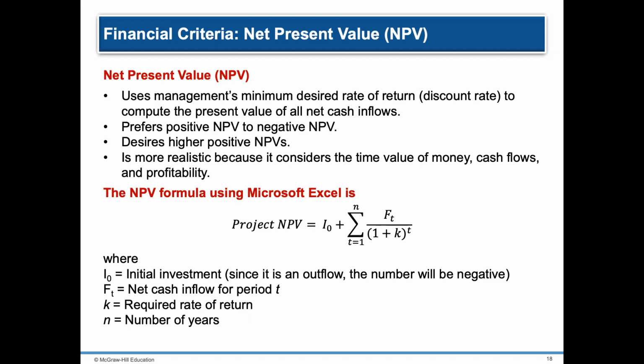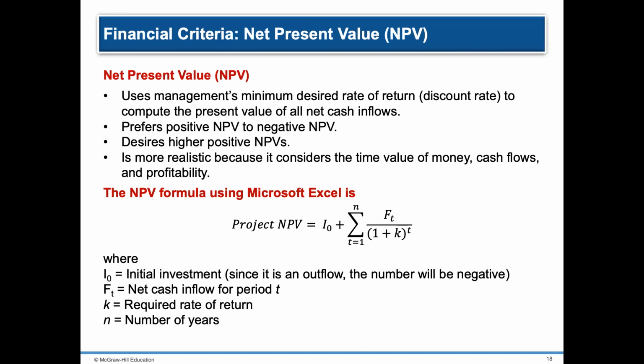So, the sole criteria is to ensure that the project you're selecting has higher NPV, or if both yield negative NPVs, you choose the least negative among the options. Using the net present value is more realistic compared to the payback model because it considers the time value of money, cash flows, and profitability.